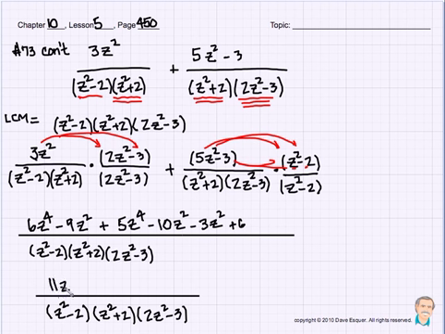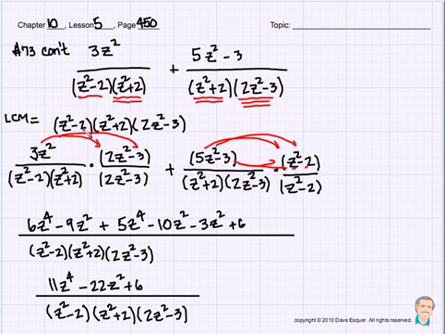We have 6z to the fourth and 5z to the fourth in the numerator. That gives us 11z to the fourth. Minus 9z squared minus 10z squared minus 3z squared is minus 22z squared. And we have a plus 6 left over.